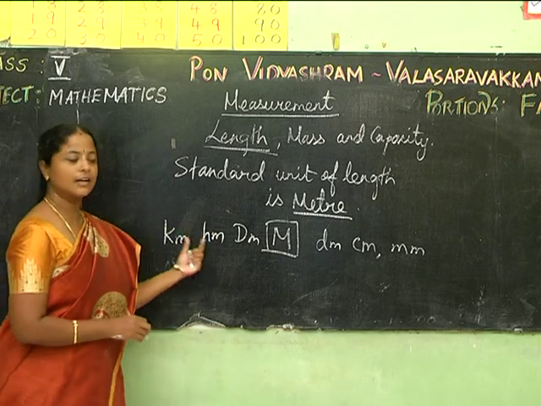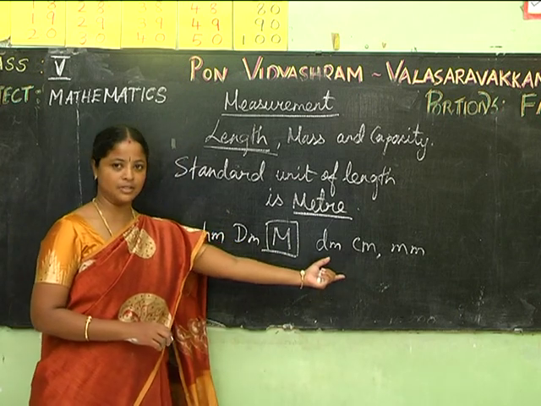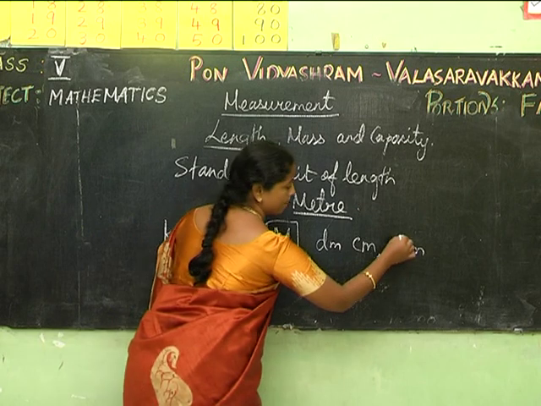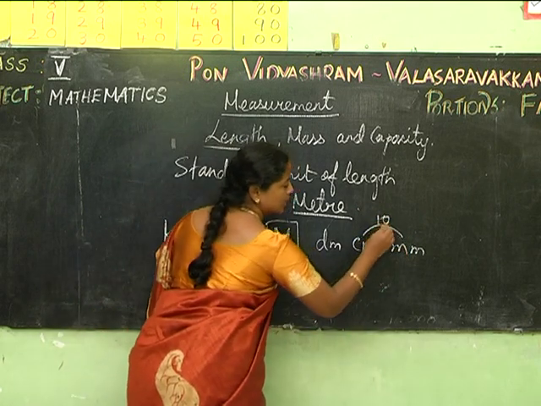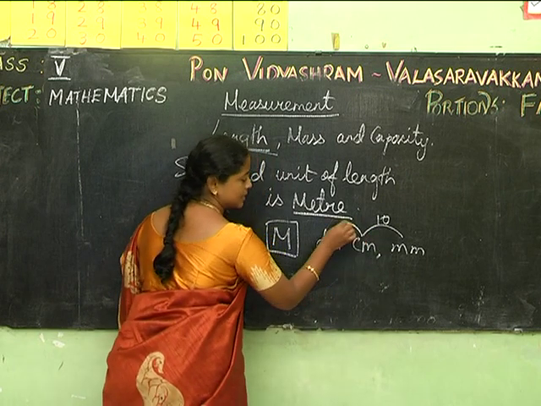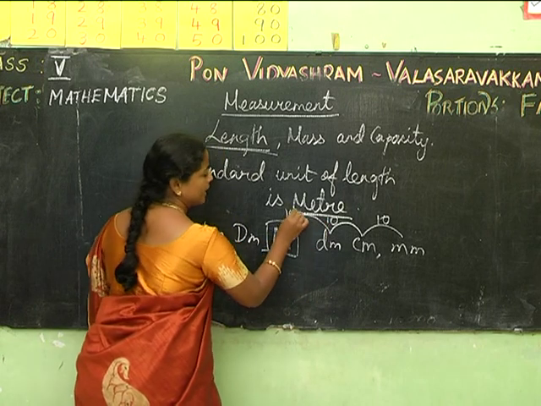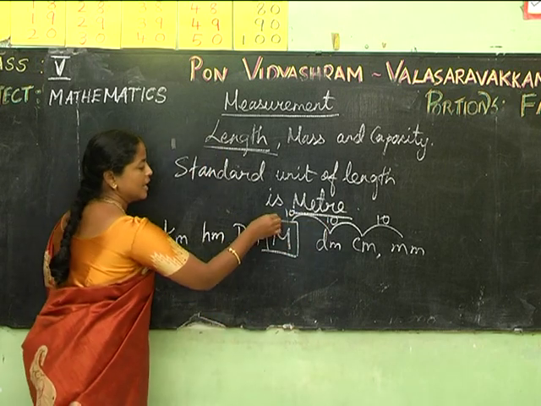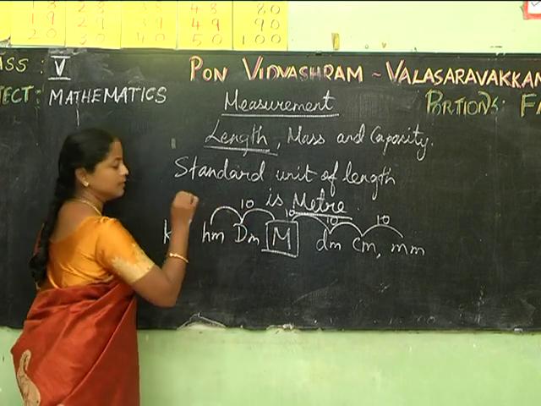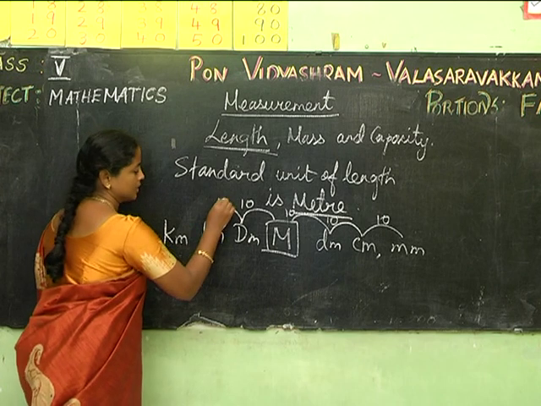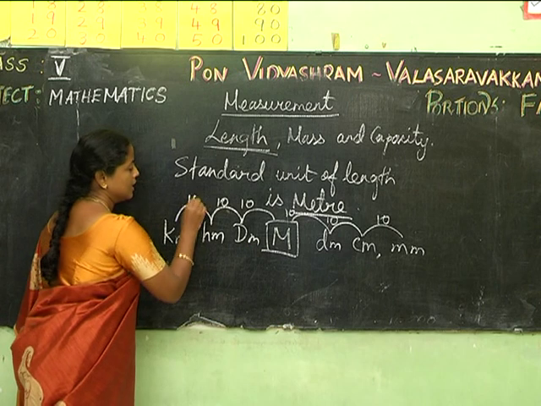So there is a relationship between all these units. 10 millimeter makes a centimeter, 10 centimeter makes a decimeter, and 10 decimeter makes a meter. Same way, 10 meter makes a decameter, 10 decameter makes a hectometer, and 10 hectometer makes a kilometer.